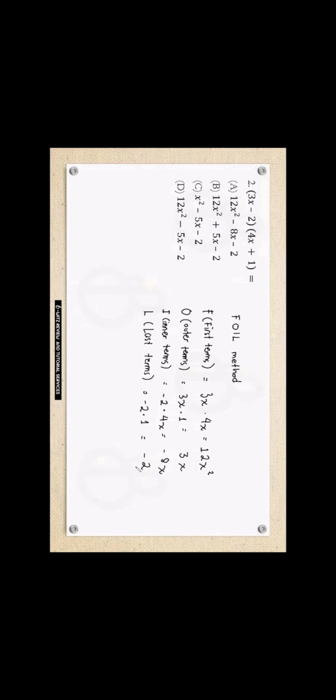Finally, we need to combine like terms. Take a look that the outer terms and inner terms can be combined since they are similar. So combining them will give us a final product, which is 12x squared.